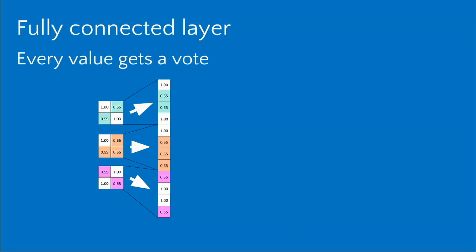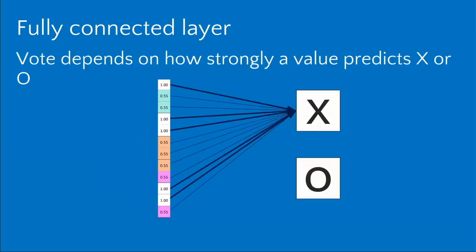So every single pixel value that's left in these filtered shrunken images gets a vote on what the answer should be. And this vote depends on how strongly it tends to predict an X or an O. When this pixel is high, is this output usually an X or is it usually an O?